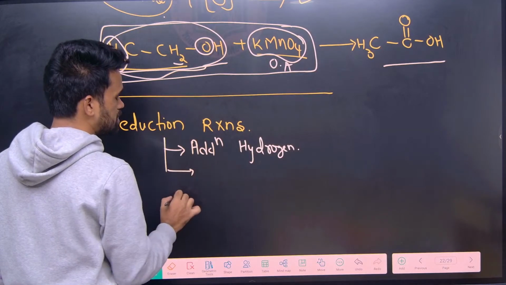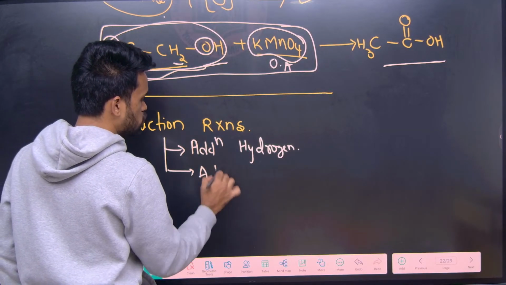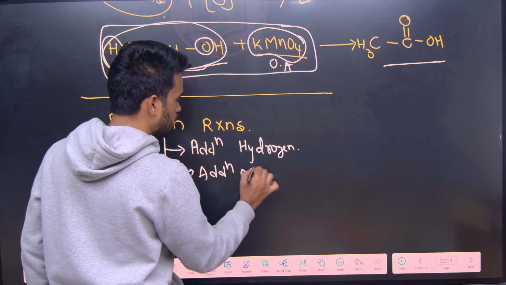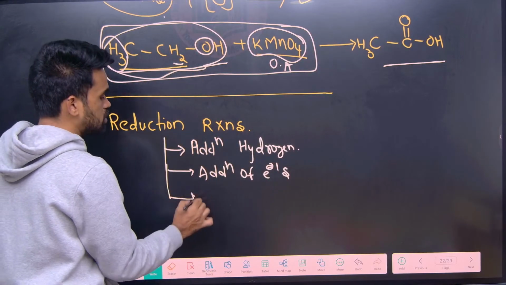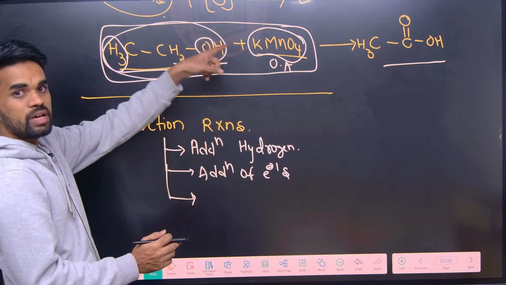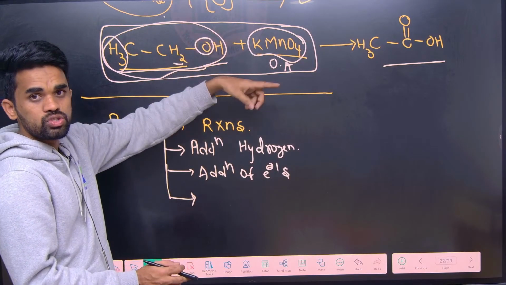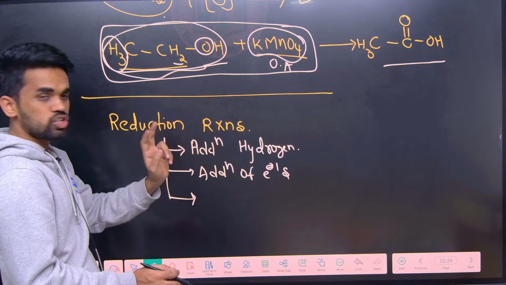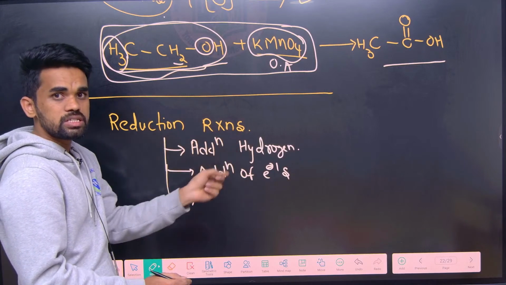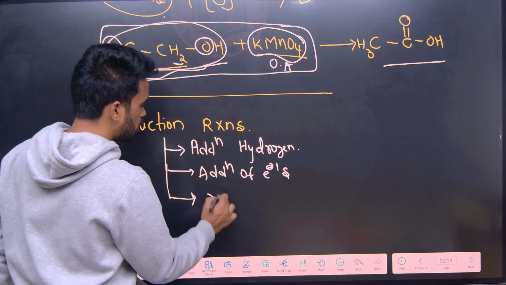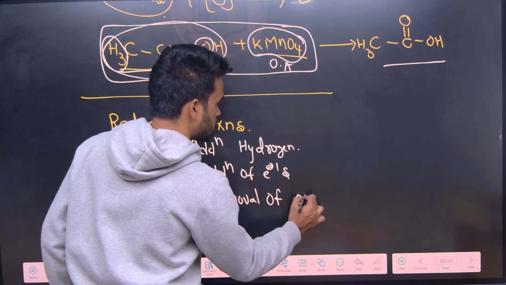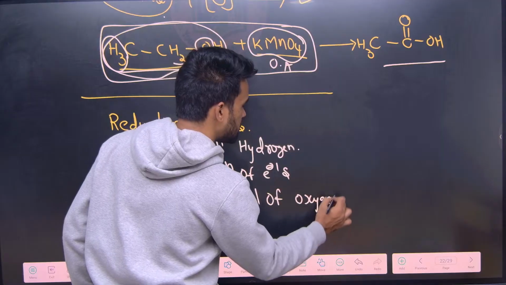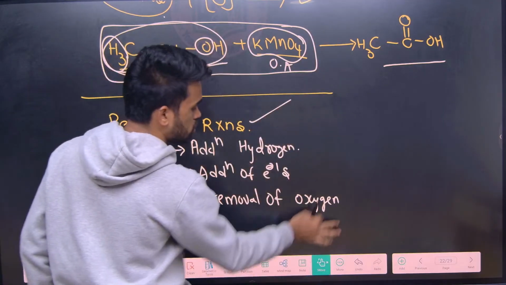Or you can also do addition of electrons, which is also a reduction process. See, oxidation means we are adding oxygen and removing hydrogens, so here it should be the reverse. Reduction means adding hydrogens and removing oxygens. So removal of oxygen also we can do. These are the 3 ways we can do reduction reactions.